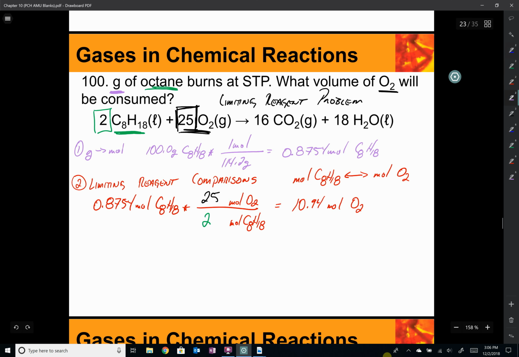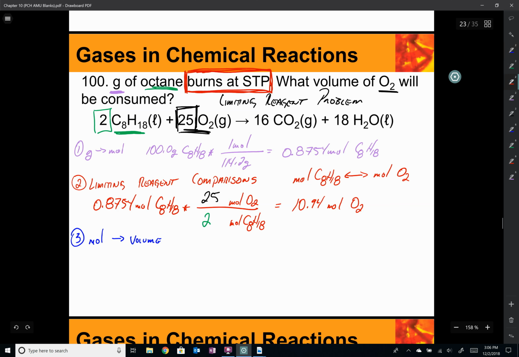Let's do the last step in blue then. The question asks us what volume of O2, so we need to convert moles into volume. And you say, well, how in the world are we going to do that? Well, here is the big red flag: we're doing this at standard temperature and pressure.